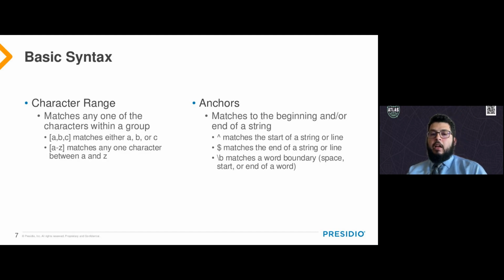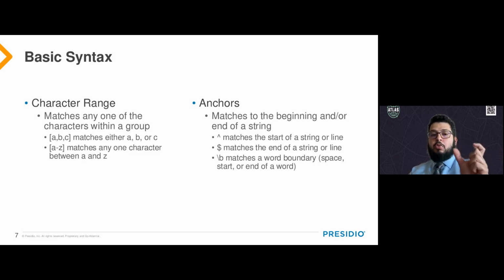Now, on top of that, you can have a character range. A character range will match one of the characters that you've given it inside these square brackets, right? ABC between square brackets is going to match either A, B, or C. When you know what the options are, you just don't know which one it's going to go with. Maybe it's .com, maybe it's .org. You don't really know.